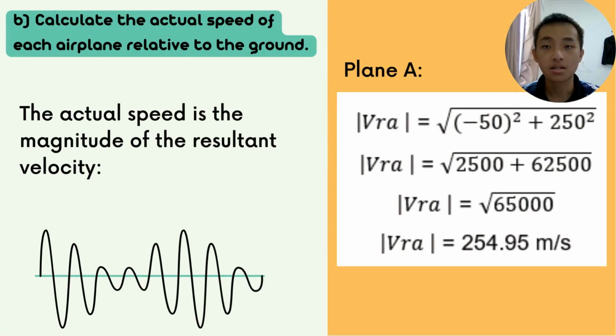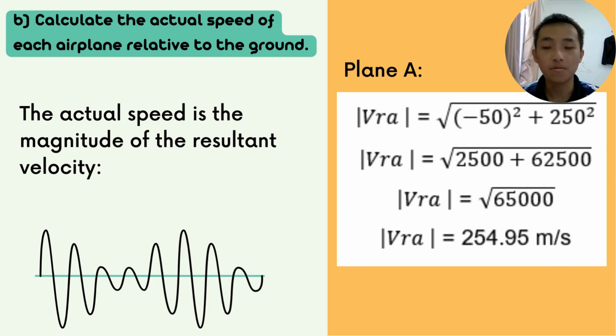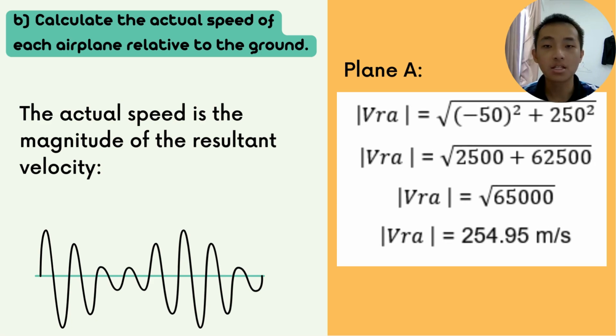Question B. Calculate the actual speed of each airplane relative to the ground. The actual speed is the magnitude of the resultant velocity. The speed of plane A, we can find it using the Pythagoras theorem, which is square root of negative 50 squared plus 250 squared.